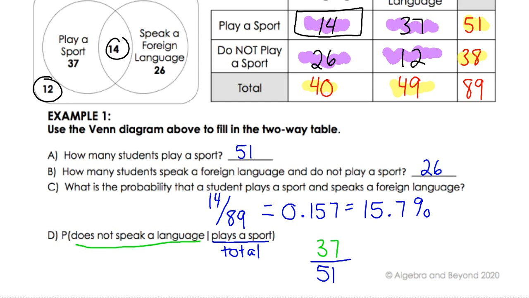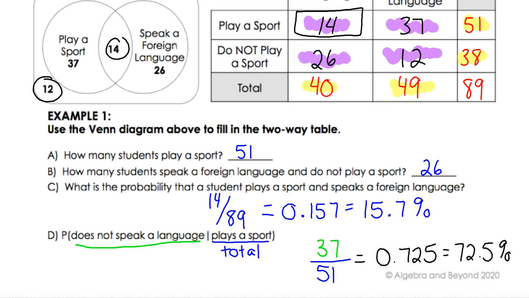So my probability changes when it's conditional because now it's only out of the students in the one category that we want to have happen. All right, so when we calculate that, 37 out of 51 is about 0.725. So about 72.5% of the students who play a sport don't speak a foreign language. All right, so those are some basics on our two-way tables.